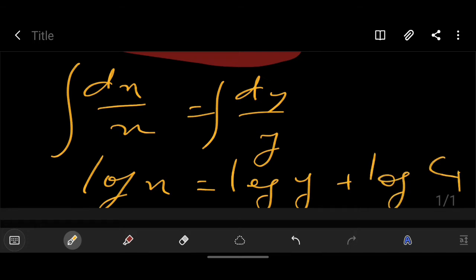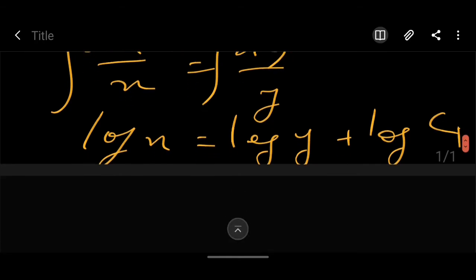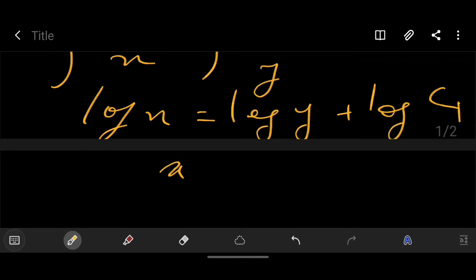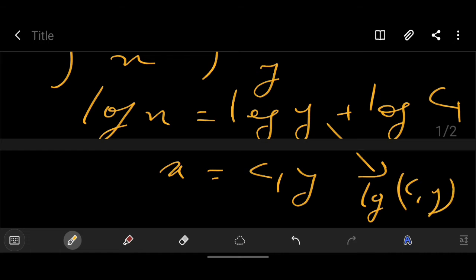By the properties of logarithms, log y plus log c1 is log of c1 y. The logs cancel each other, and we get x equals c1 y.